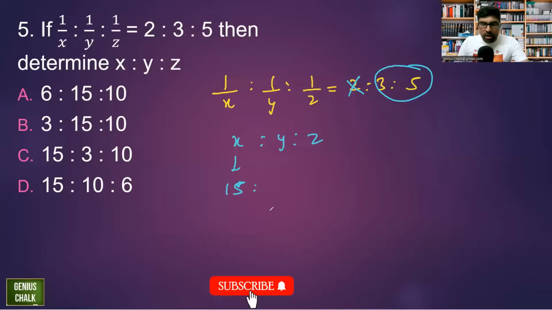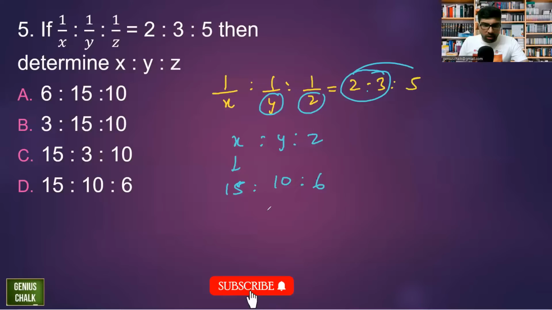If you are taking y, then forget the other two. For y, you have to take which one? If you are taking y, forget y, take the other two. 5 into 2 is 10. If you are taking z, then take x and y, so this is 6.